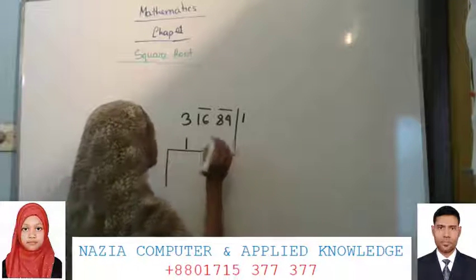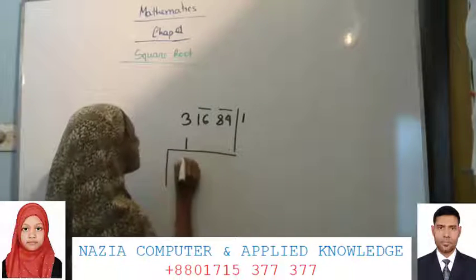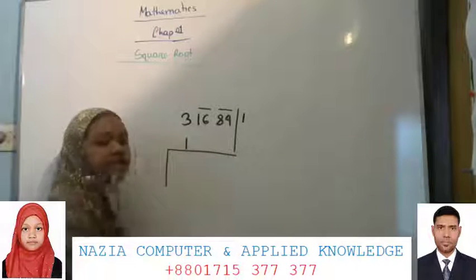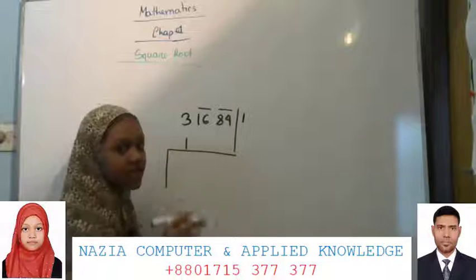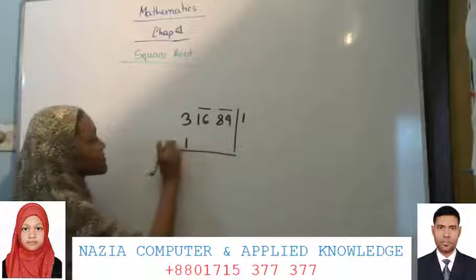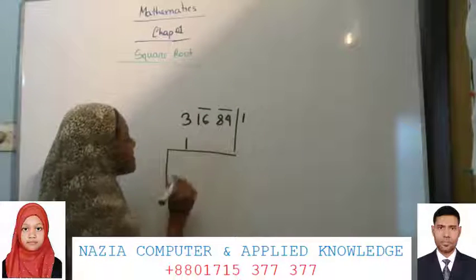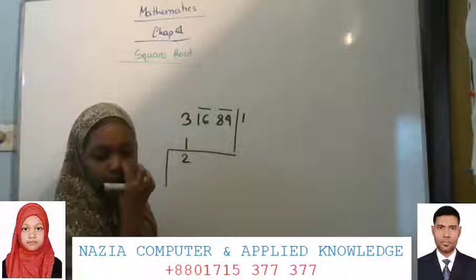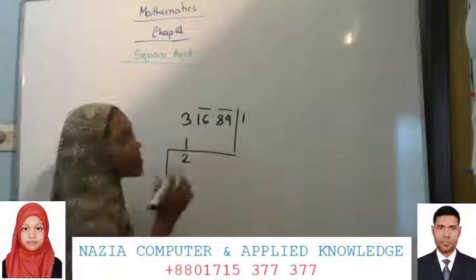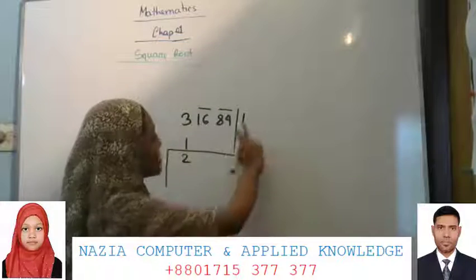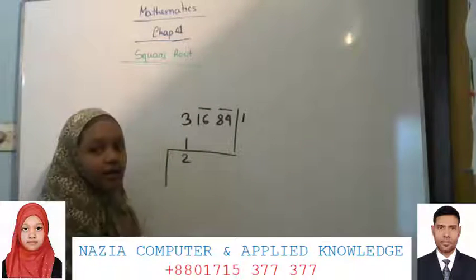Okay, so the same thing is in division, and here is the subtraction process. We have to subtract 1 from 3, that is 2, and they have 1 here, so we have to double the 1.